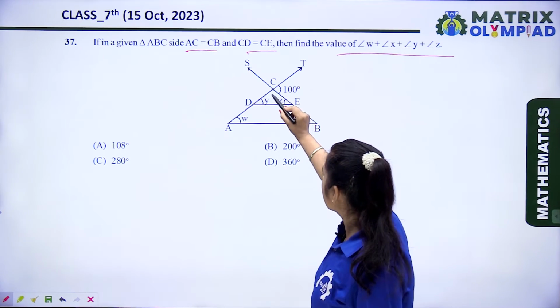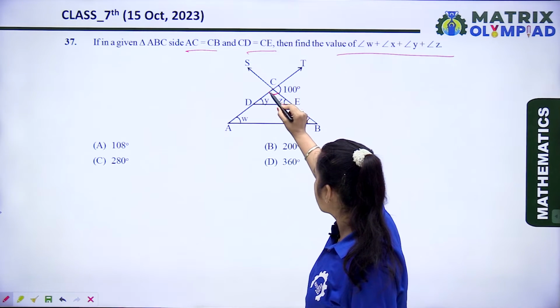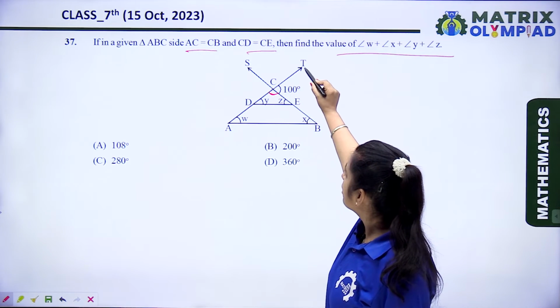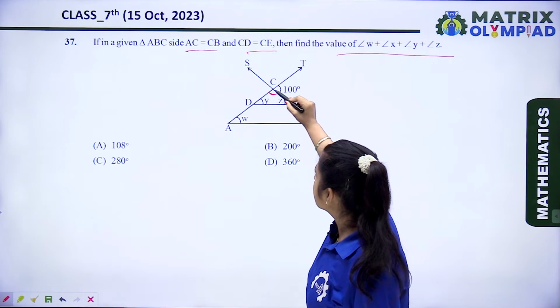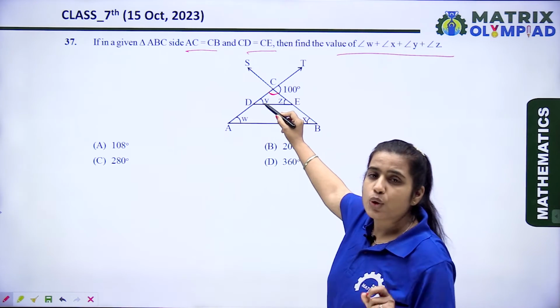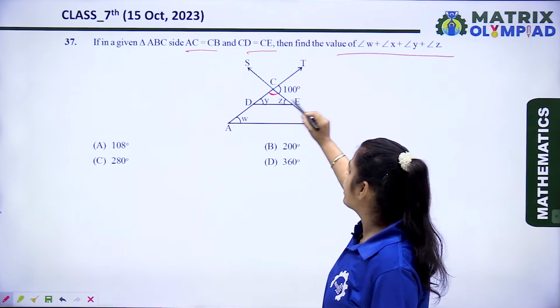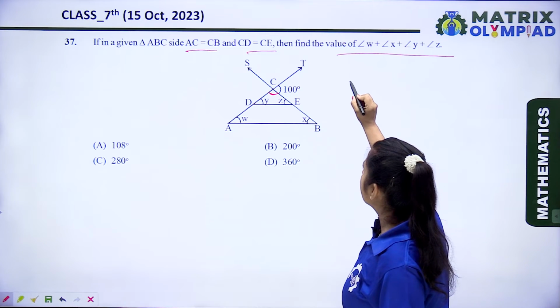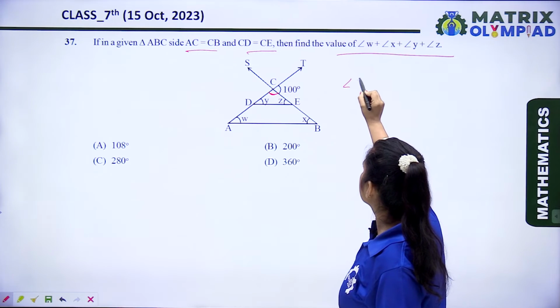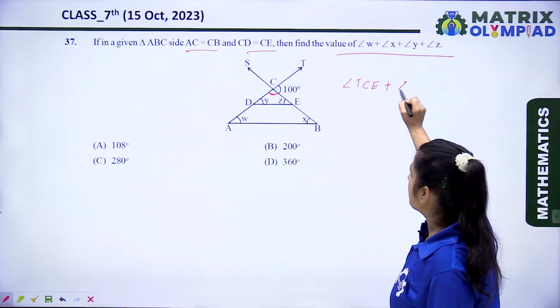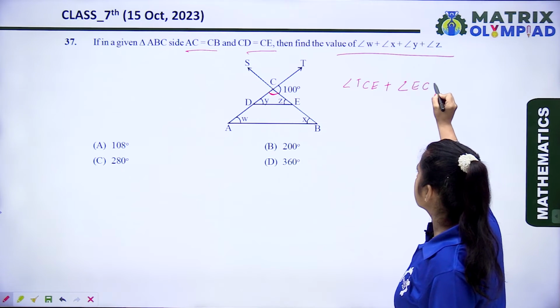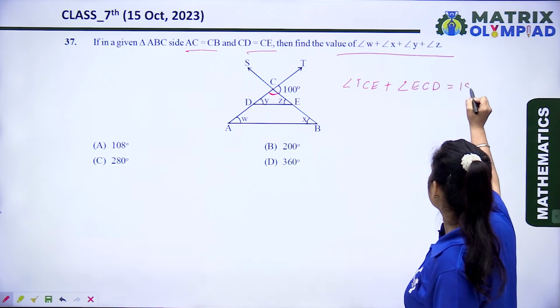So, here if we calculate this angle, angle TCE plus angle ECD is equal to 180 degree because of linear pair. So, here we can write it down, TCE angle plus angle ECD is equal to 180 degree.